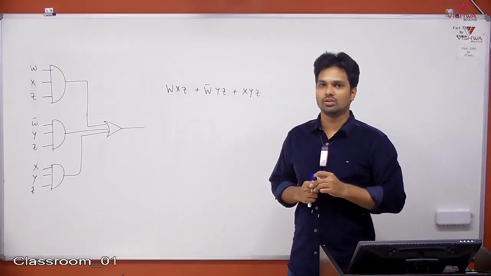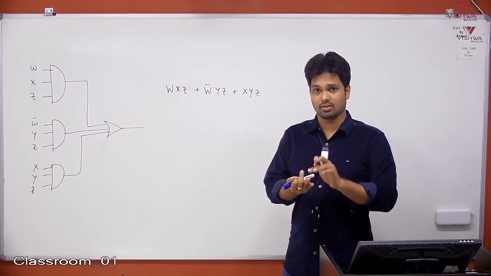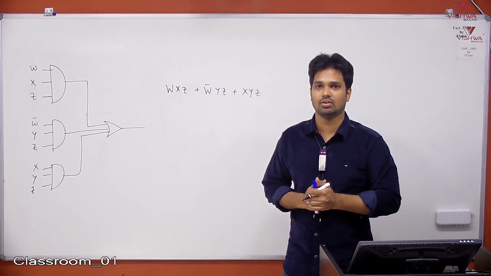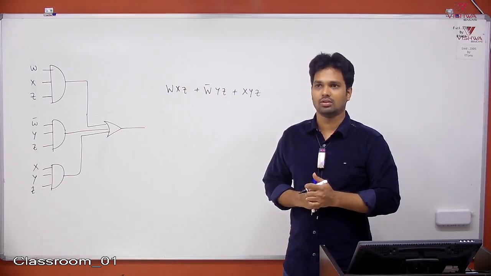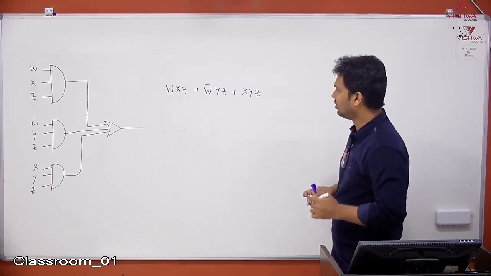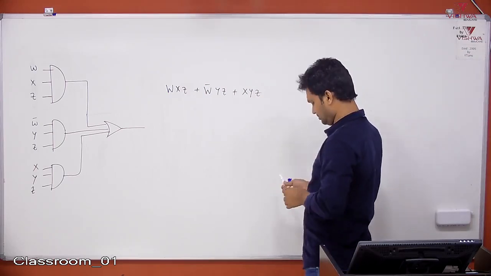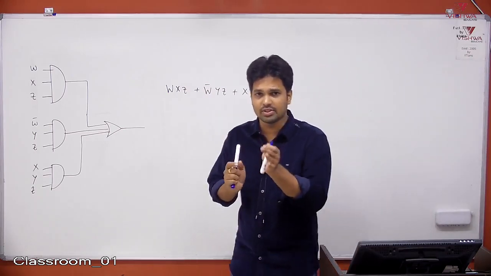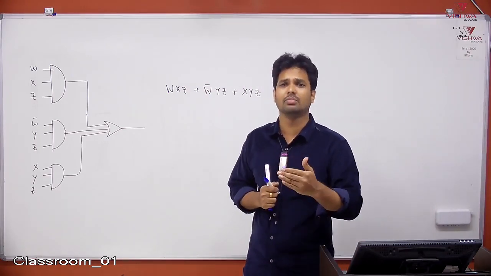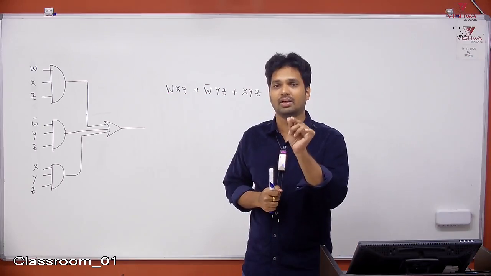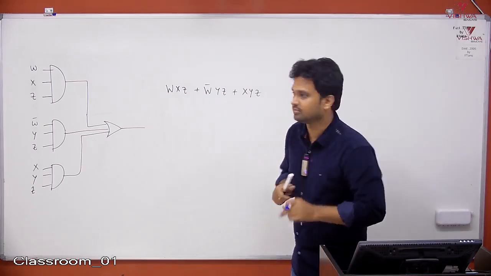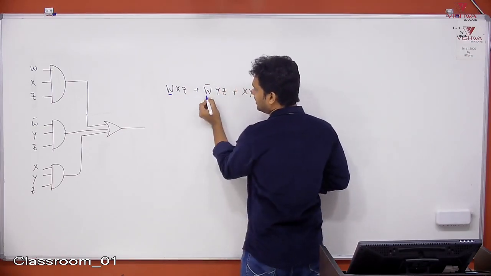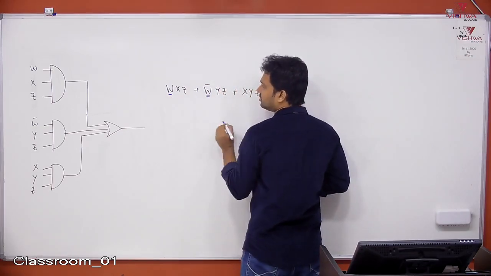You may have the doubt, sir, W, X, Y, Z, 4 variables, how can we get the consensus law? See here. Please listen. Those conditions whatever I have given are sufficient but not necessary. Variables can be more than 3 also. Ultimately what you require is, you have a variable, and its complement is available here or not?